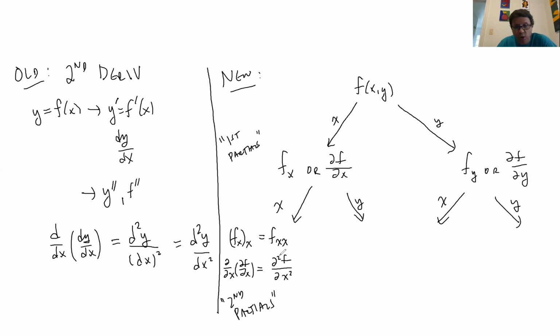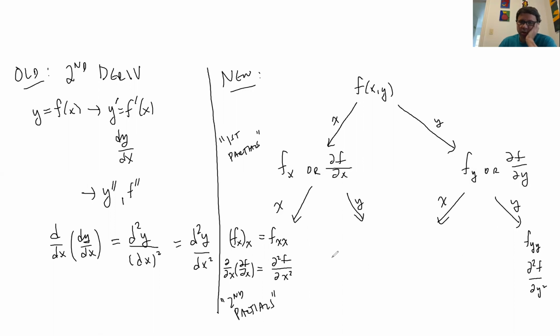It's xx, it's got the 2, it's got an x, the d's are weird, but whatever. On the far side, it looks very similar. We could either write it as fyy, because it's y and then y again, or with the partial derivative, d2f over d2y. So we can do that.